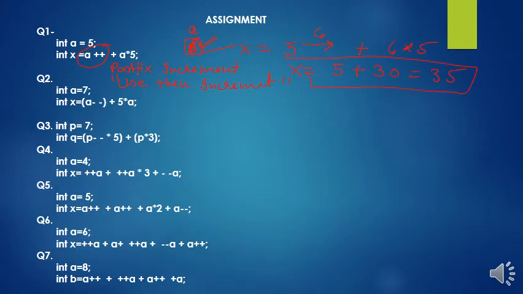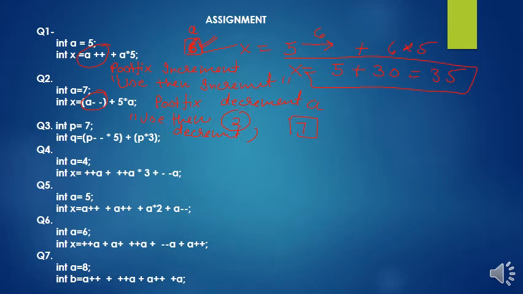Next children, question number 2. The value of a is equal to 7. a--. Which type of operator is it? Postfix decrement. It follows the rule use then decrement.